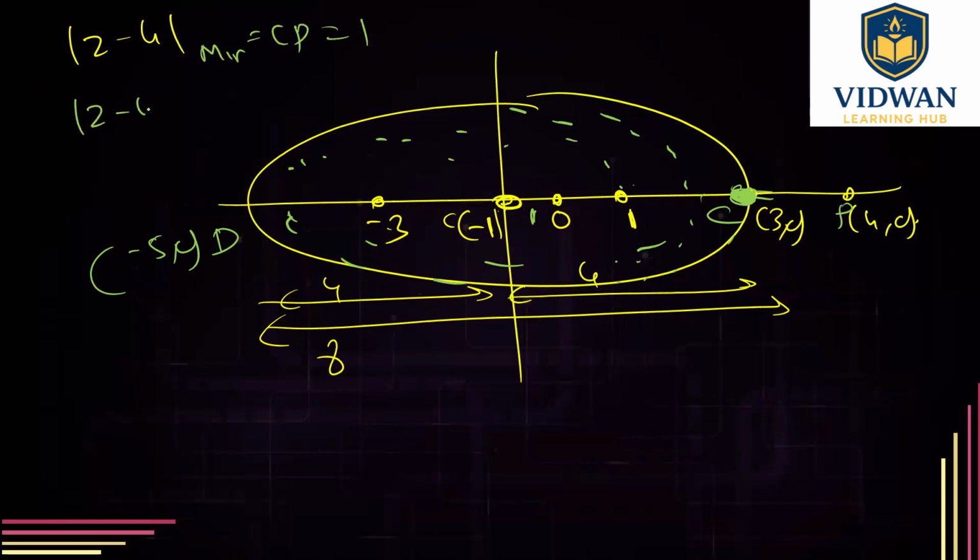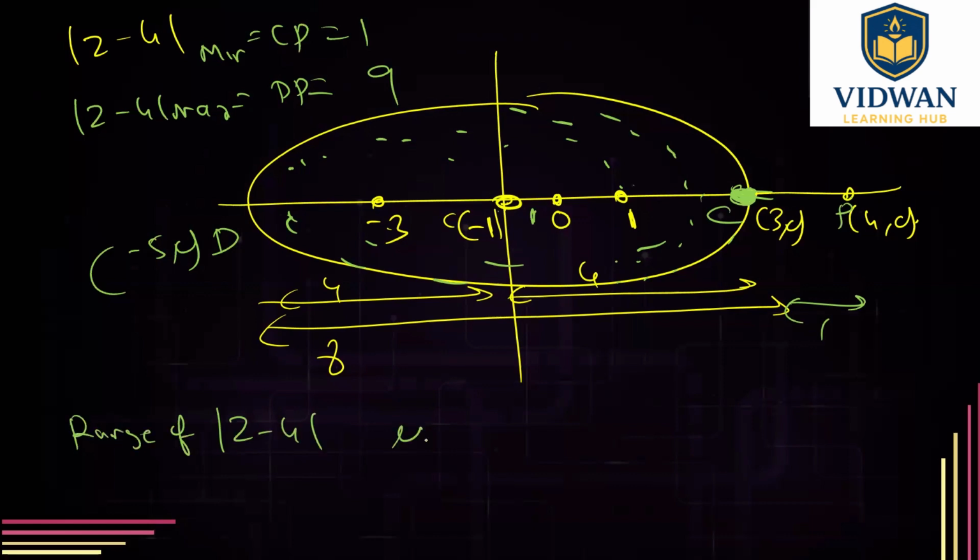And if I want Z minus 4 maximum, it would be the distance from P to D. And that would be, from here, if you measure the distance, this is 1 unit and this is 8 units. So total it is 9. Therefore, if you want the range of mod of Z minus 4, you can write minimum comma maximum, which is the closed interval 1, 9.